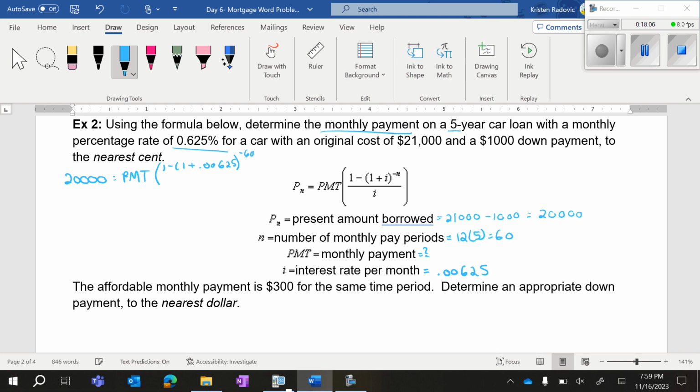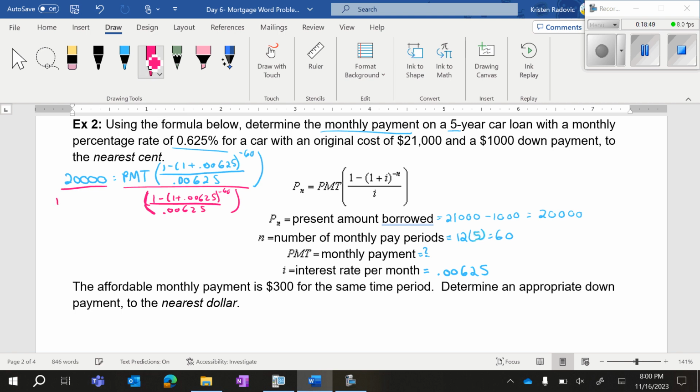So you have to divide both sides by this whole mess, the 1 minus 1 plus 0.00625 to the negative 60 over 0.00625. Jeez, this is long.